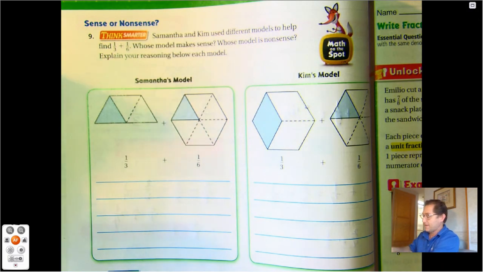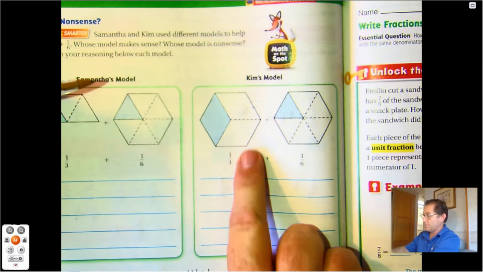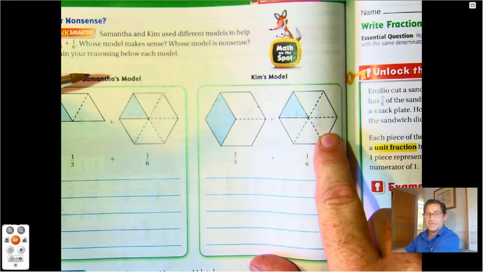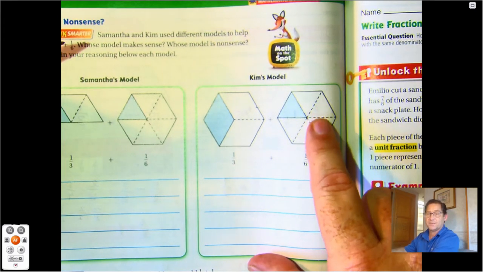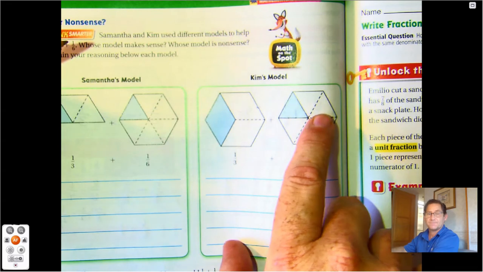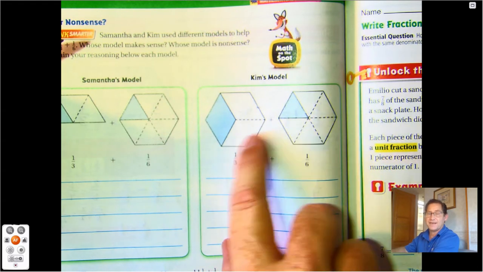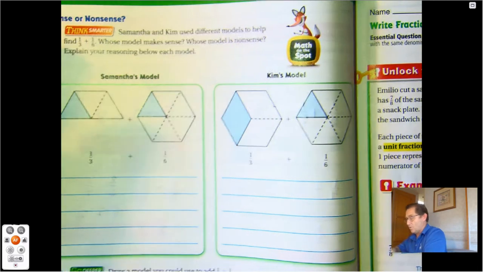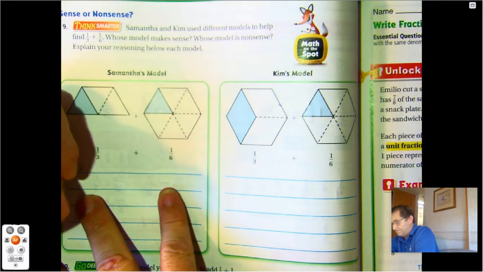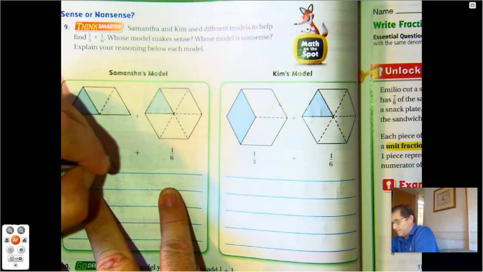1/3 of this cube, I can combine with 1/6 of this cube. They're the same shape. Okay, the cube is the same shape. All right, so Samantha's model is nonsense.